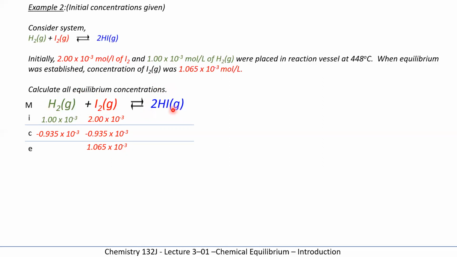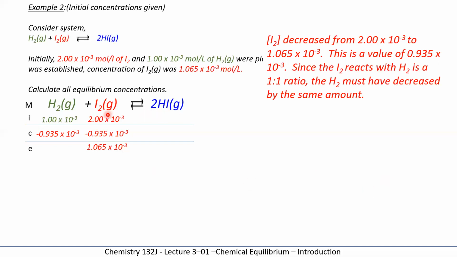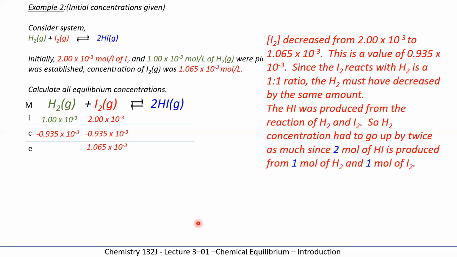But hydrogen iodide had to go up by twice as much, because the ratio is given by the stoichiometry. So at equilibrium now, we can figure out the amount of hydrogen iodide that must have been present, even though we're only given the amount of iodine. And we also know how much hydrogen had to be present.